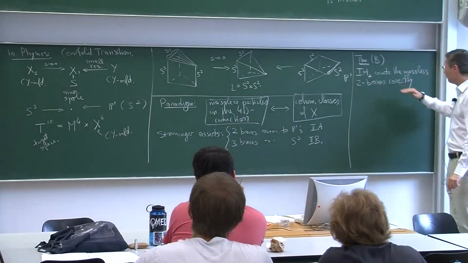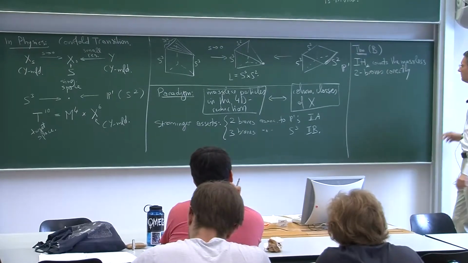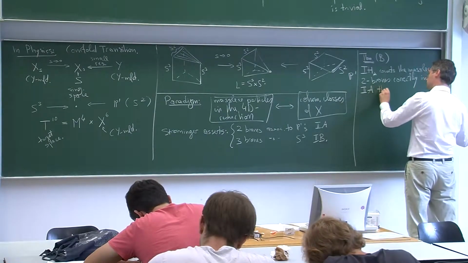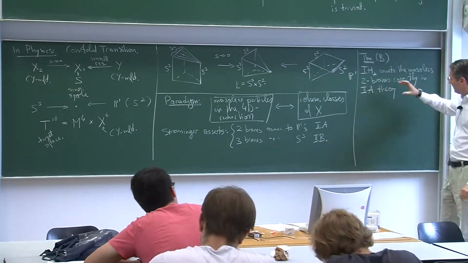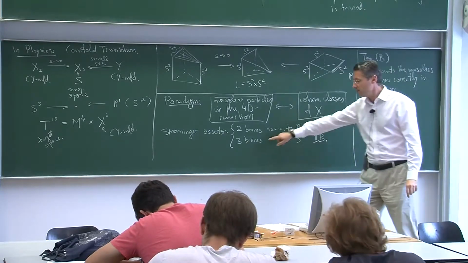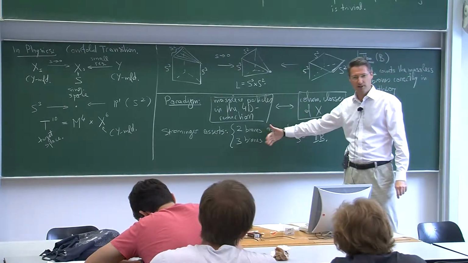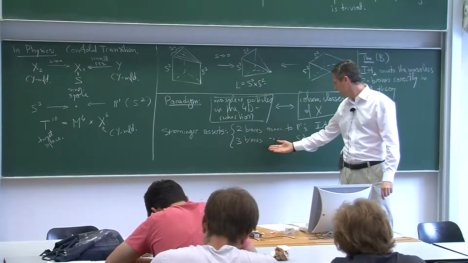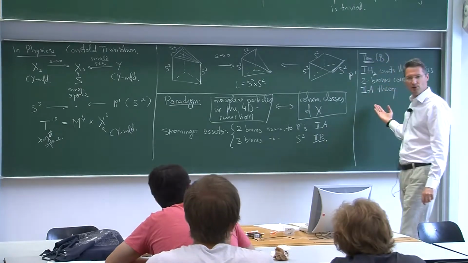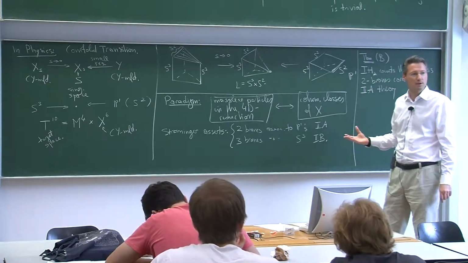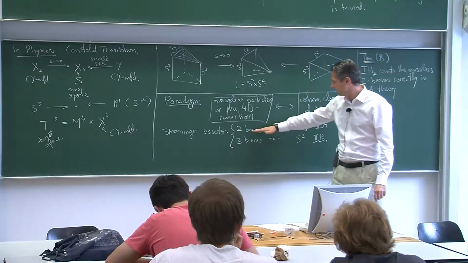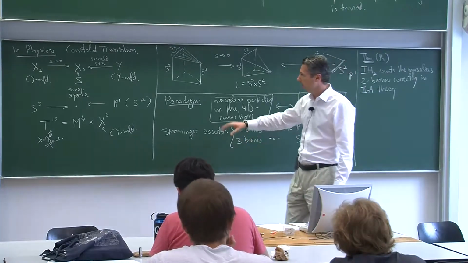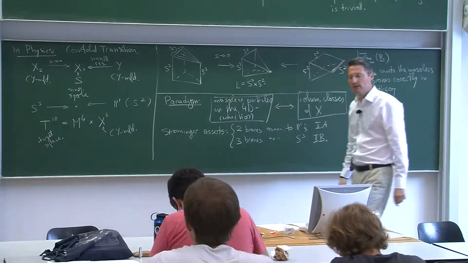So the count is correct in type 2A theory. But it doesn't count the three branes correctly. The physicists tell you how many three branes there should be, but if you compare, the three branes are not visible in intersection homology. So previously there was no theory that does the other half of the picture correctly, but this is now done by the theory HI that I have introduced.